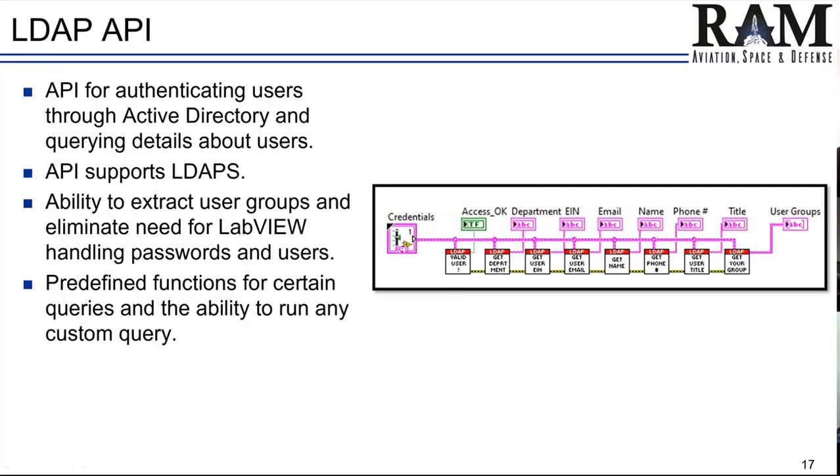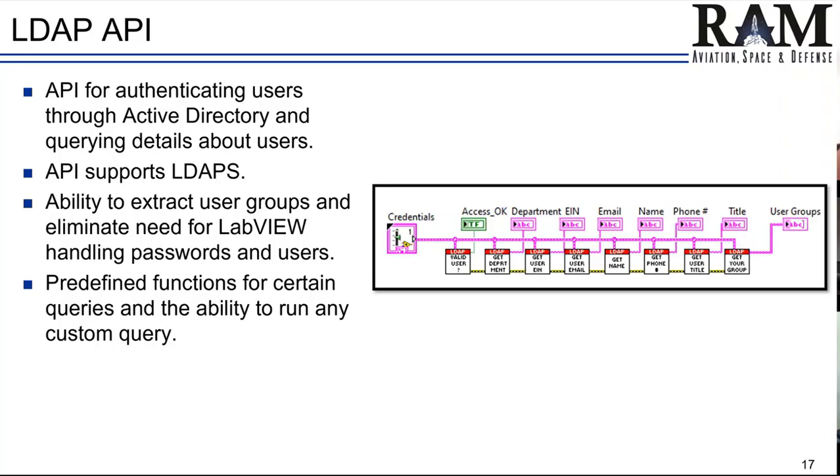The way your Active Directory at your organization is storing information is going to vary based off of your IT team and how they set it up, but a lot of these are very universal things that should work. It also allows you to execute arbitrary queries too. So if you wanted to read some arbitrary value, you can pass in what that value actually is.